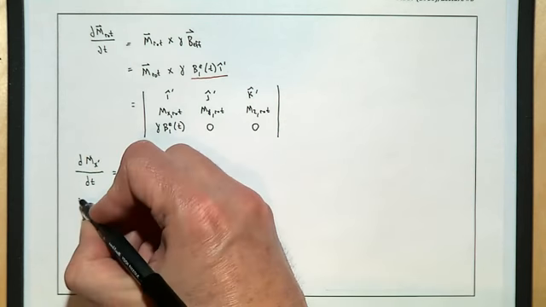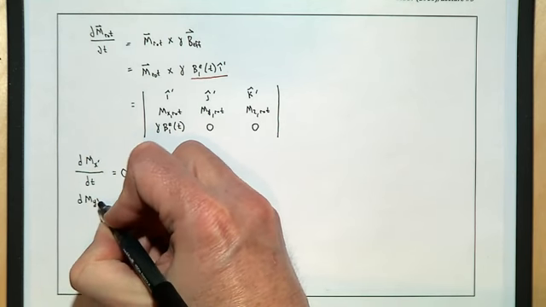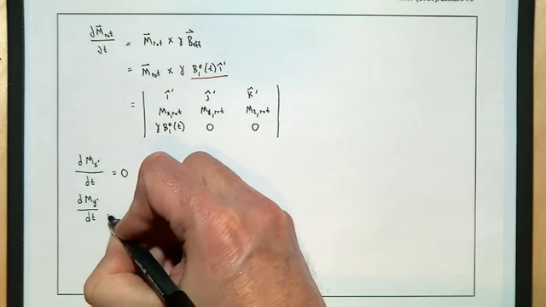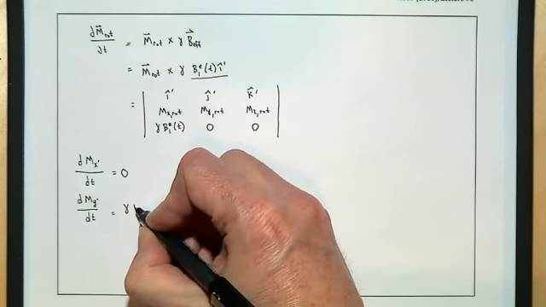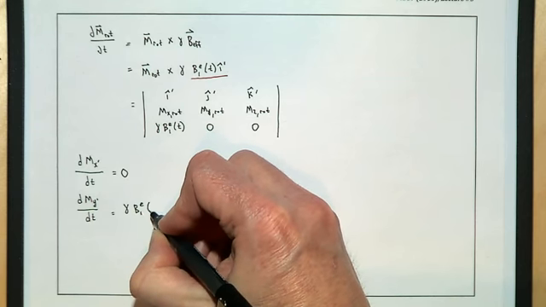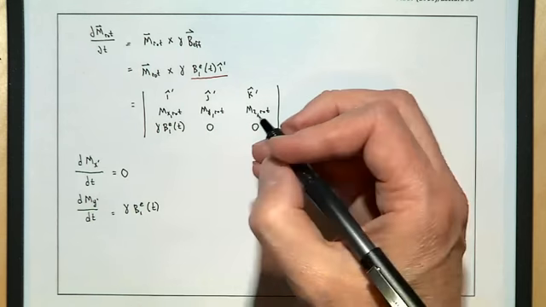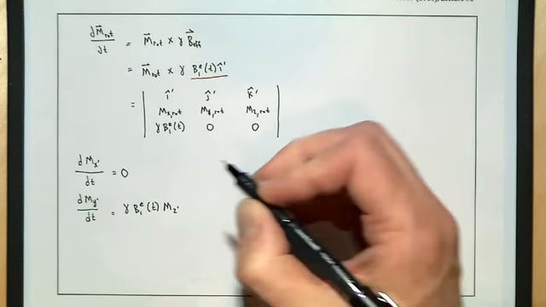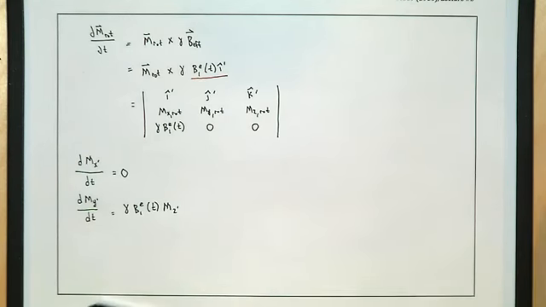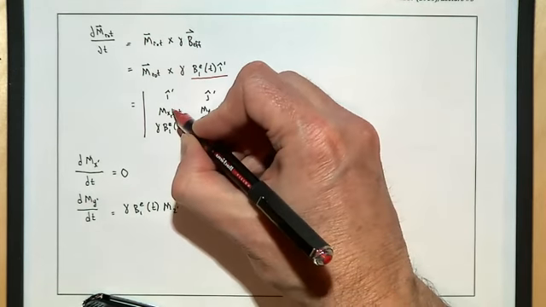If I write my dMY prime dt term, that's just gamma B1 effective of T times the MZ prime.